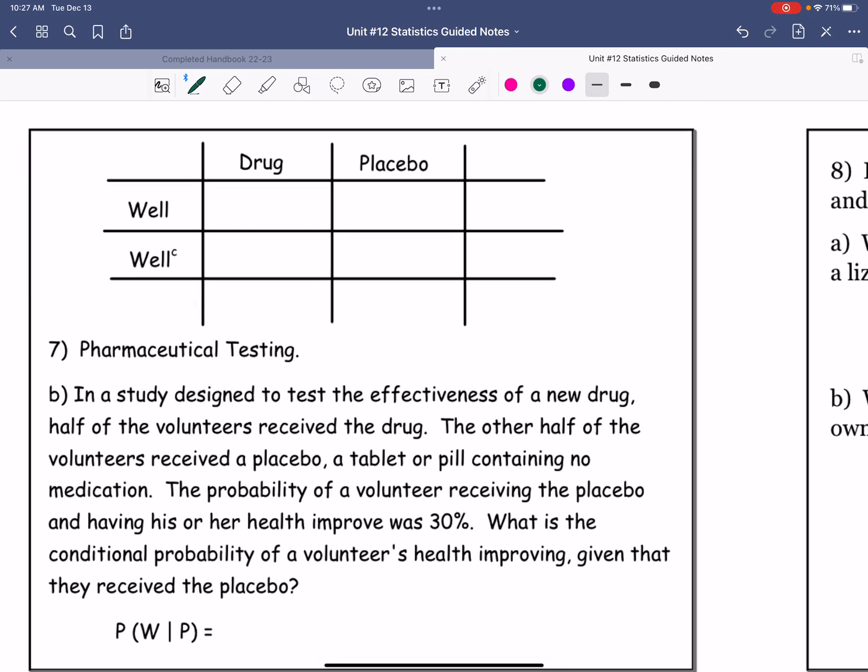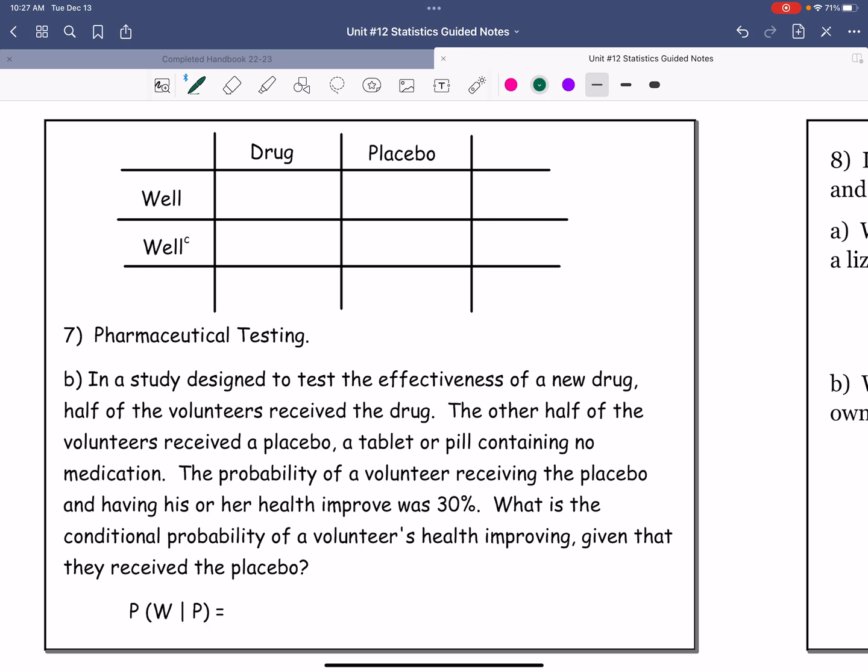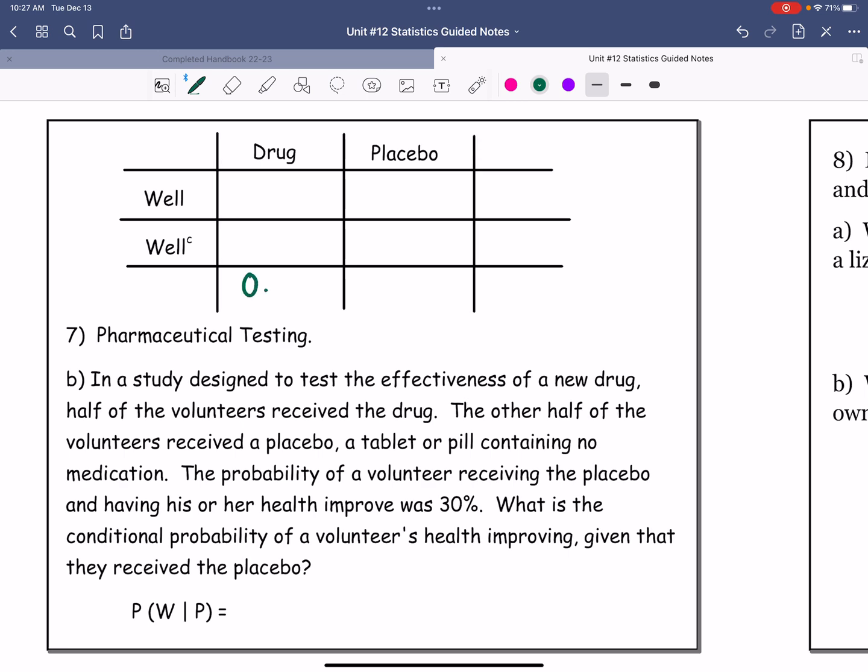Okay, pause the movie, try this one on your own, and press play when you are finished. In this case, we've still got 50%, so 0.5, 0.5. The probability of a volunteer receiving the placebo and having health improve was 30%, which makes this 20%, or 0.2. And let's try this: the probability of well, given that they received the placebo.